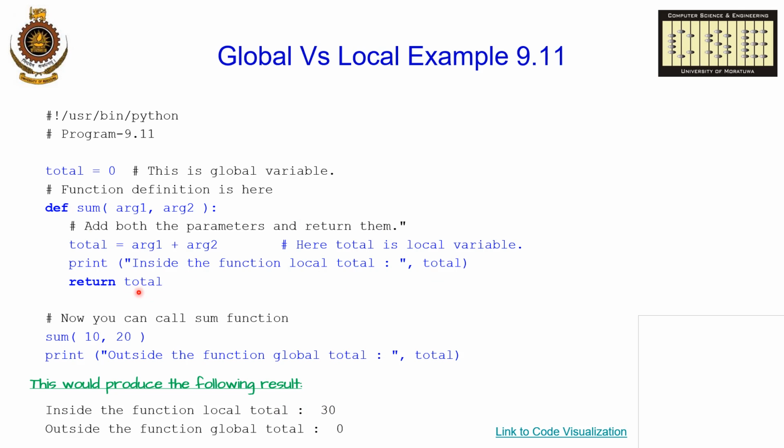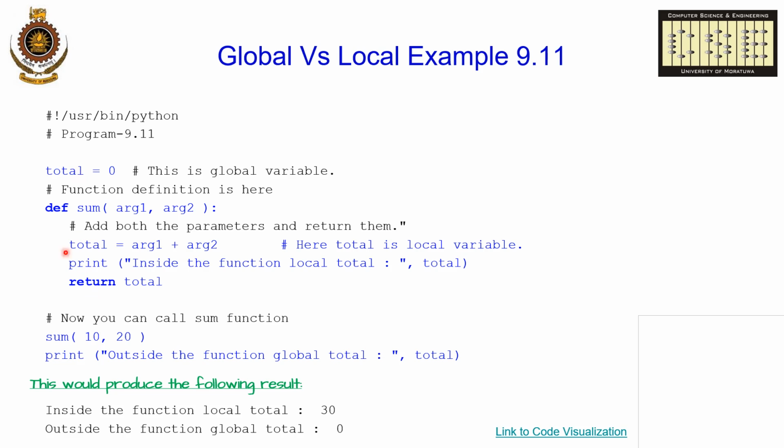It returns a value, but the way we have called it, there's nothing to capture that return value, so it's not stored in any variable. In the next line, we print outside the function the global total. We print that, and it says 0 because we have defined it to be 0.